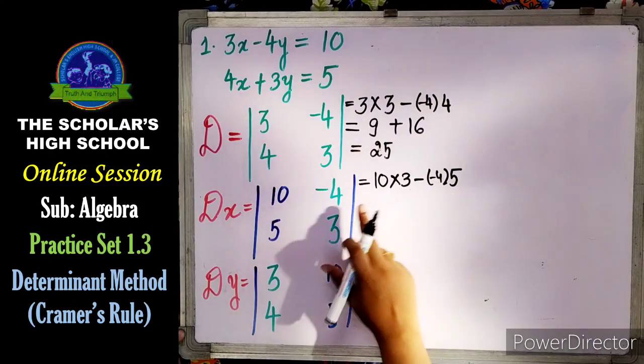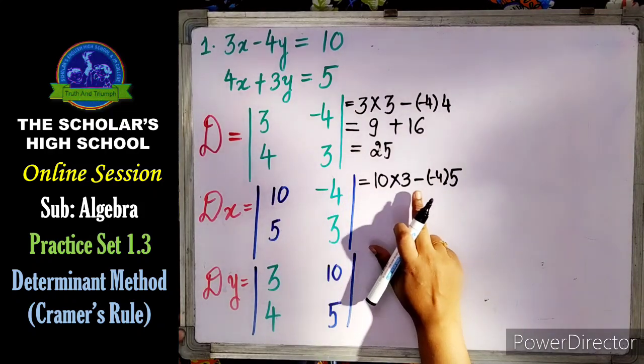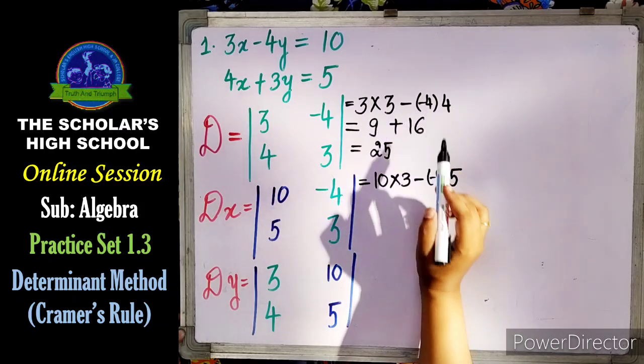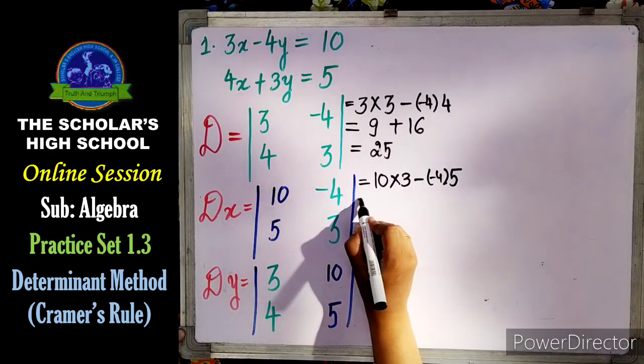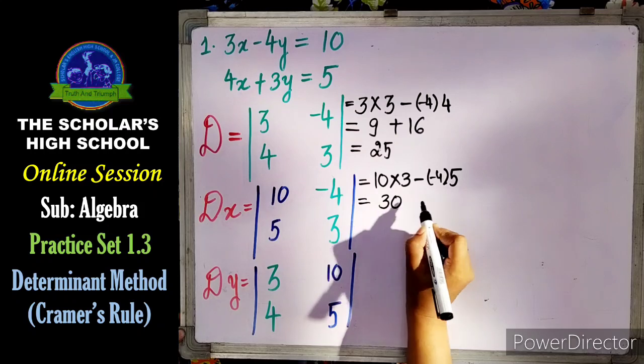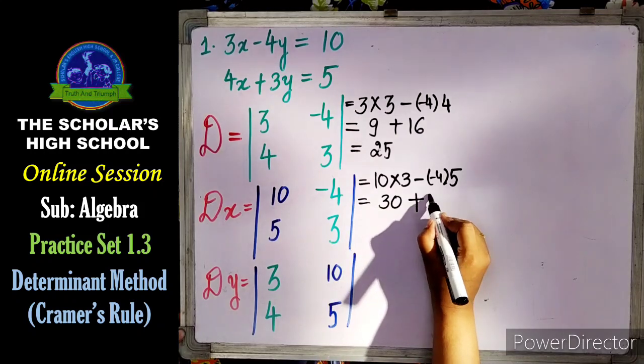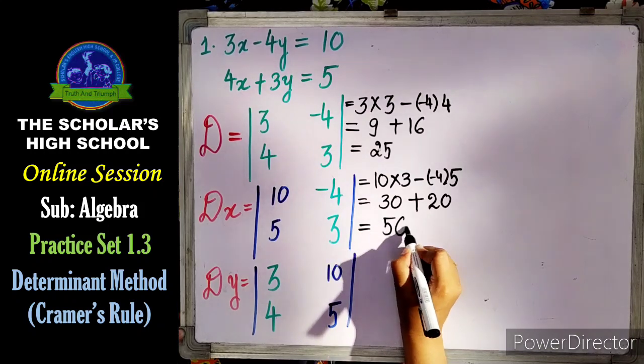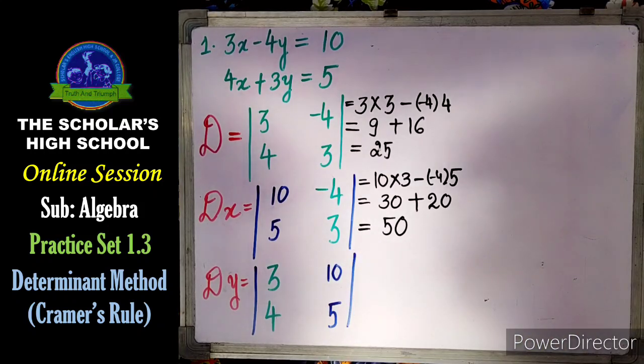You have to carry that minus along with that. This minus is of the formula, it will remain there. You cannot mix these two minus together. So 30 minus minus is plus, 4 5s are 20. So it will be 50. So the value for dx is 50.